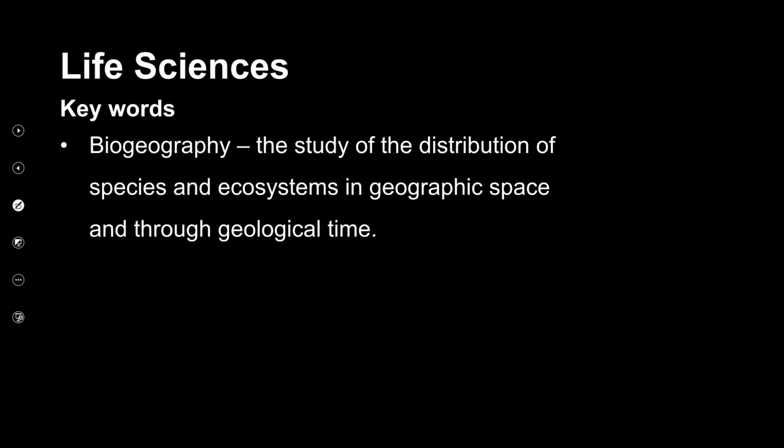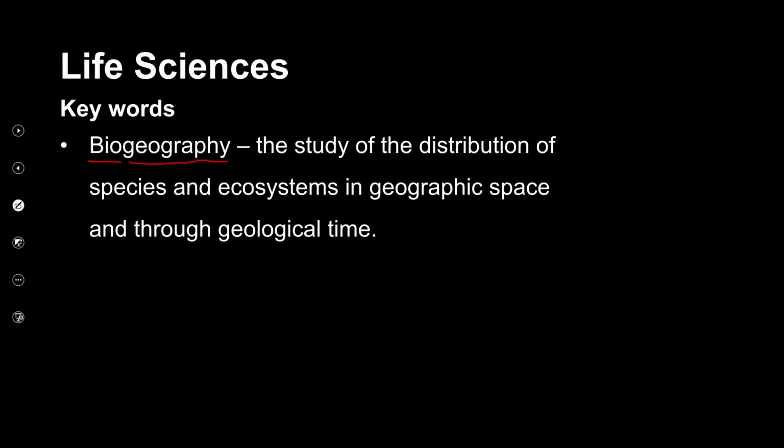Another key word that we need to have a look at today is biogeography. If we break this word up into two parts, the first part is bio, which means living, and the second part, geography, means the earth or part of the earth.